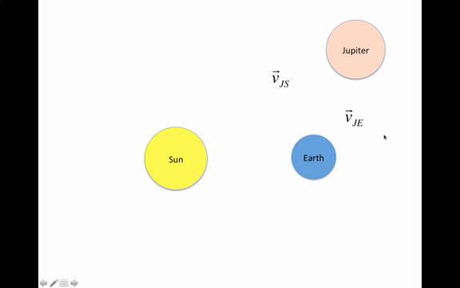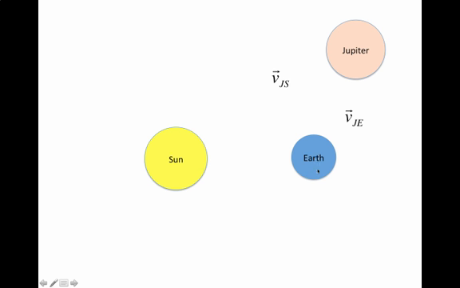Well, what's the missing piece here? If we know this and we want to know this, what else do we need to know to get this? So think about it for a couple seconds. Okay, what you would need to know is, what is the velocity of the Earth, this spot, with respect to the sun?